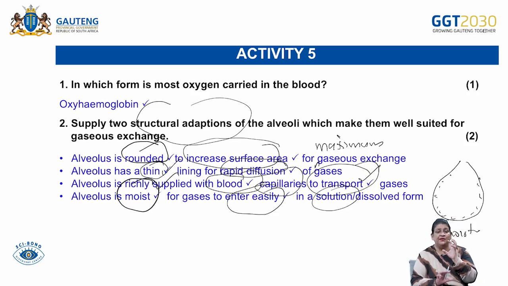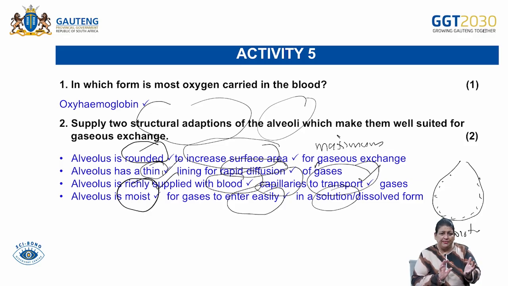Well, we're speaking only about the alveolus. So that's just looking at the alveolus. Although close contact is a requirement, just focusing on the alveolus, we know it's rounded, it's pouch-like, it has a thin cell membrane, and it has lots of blood capillaries there, and it's moist.